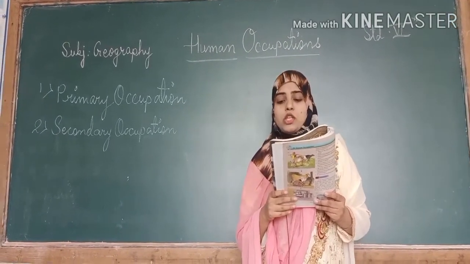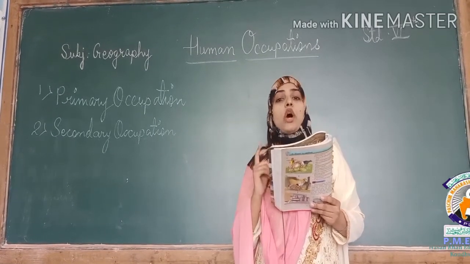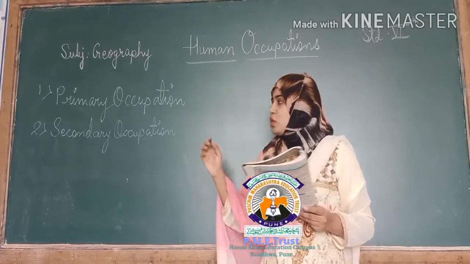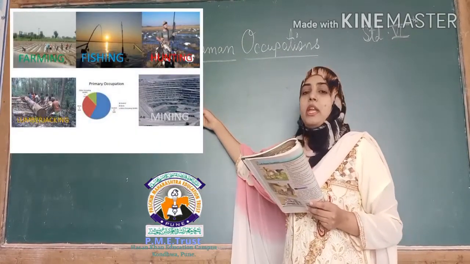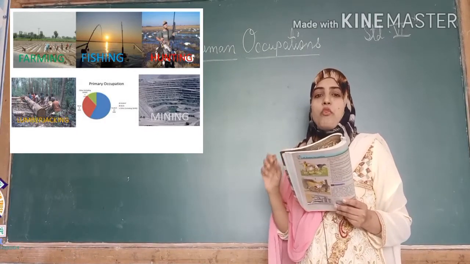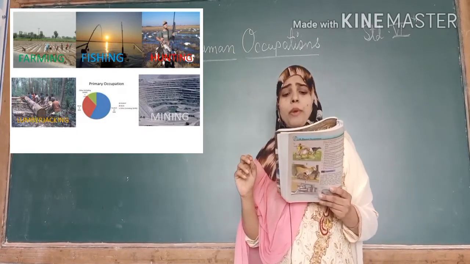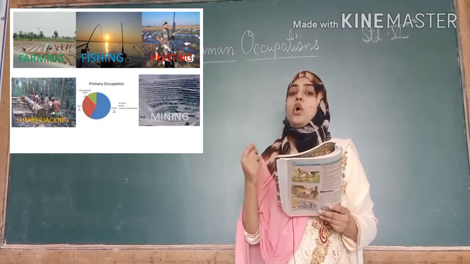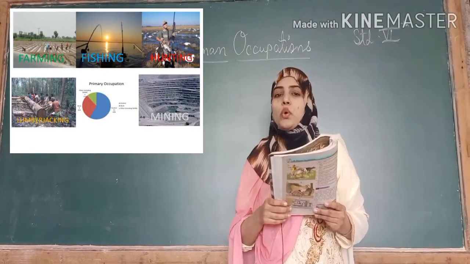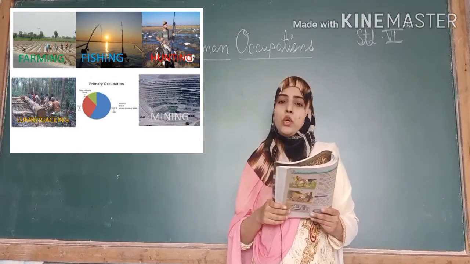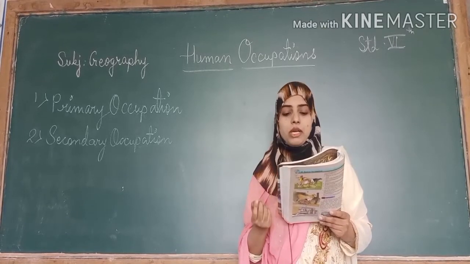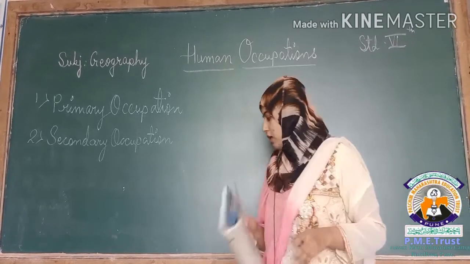Such occupations which are dependent on nature are called primary occupation. So how is it defined? The primary occupation is defined as the process where the occupations directly depend on nature. Understood? Examples: animal husbandry and fishing.